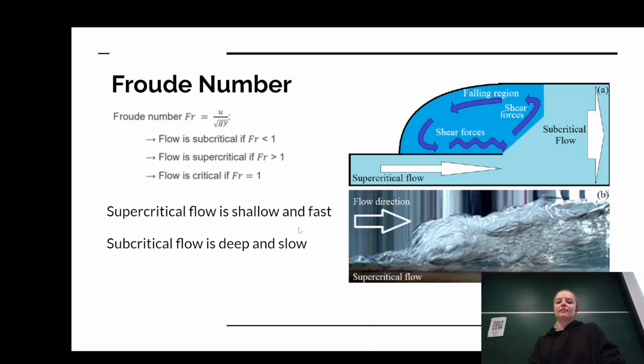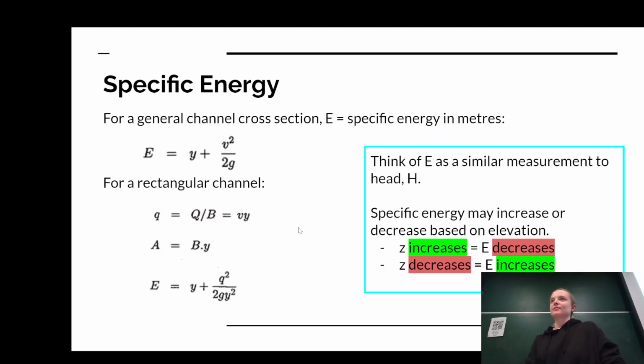So let's talk a little bit about something called specific energy, because that will also help us out in this situation. For a general channel cross-section, we use something called specific energy, denoted by E, and the unit is in meters. And the equation here is E equals y plus V squared over 2g.